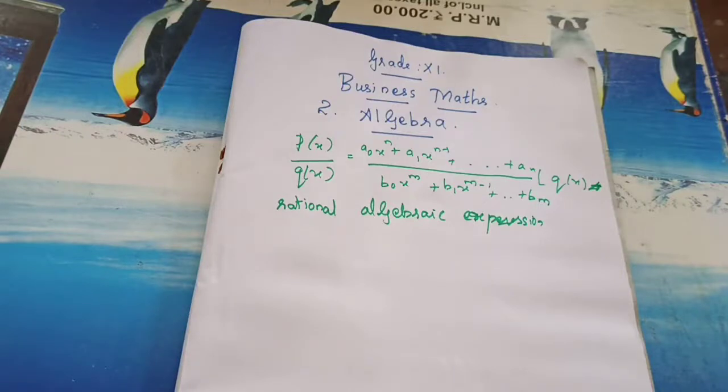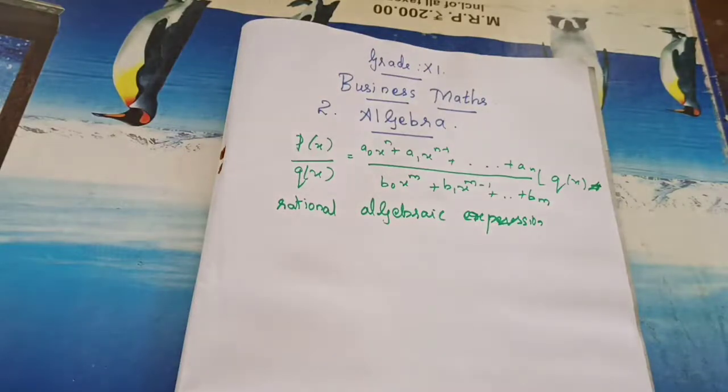Understand? So in this we are going to learn proper and improper rational expressions. What's the meaning of proper rational? Already you know, is it right? Proper fraction means the numerator value is less than the denominator value, then we will say it's a proper rational expression.